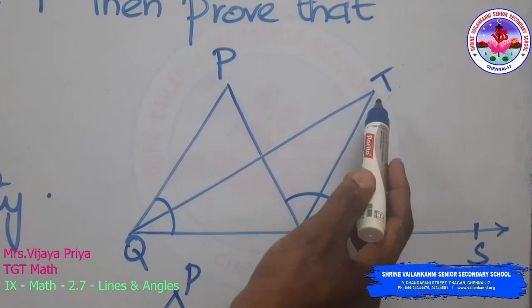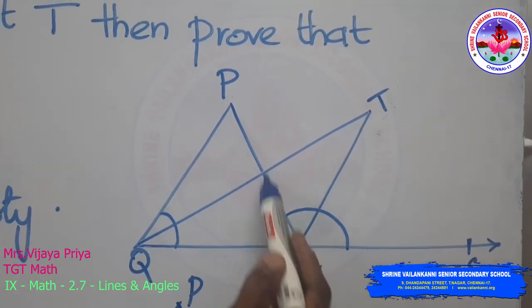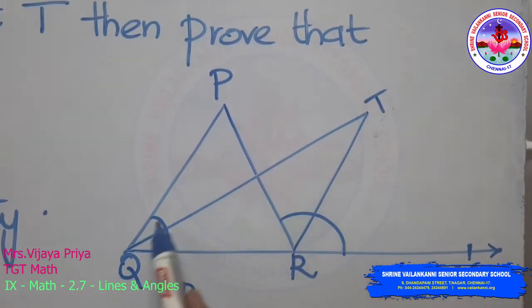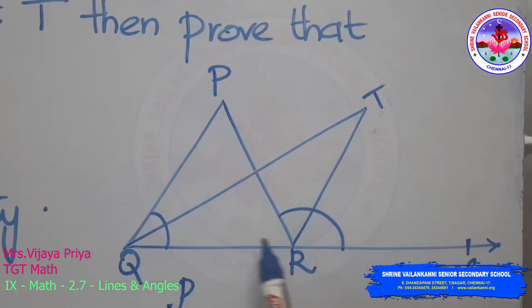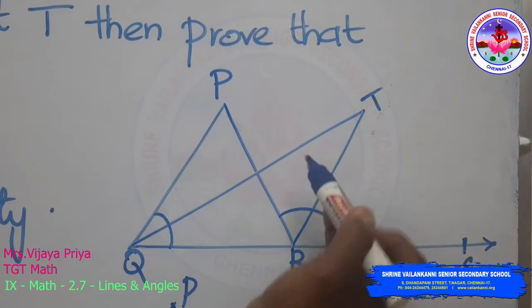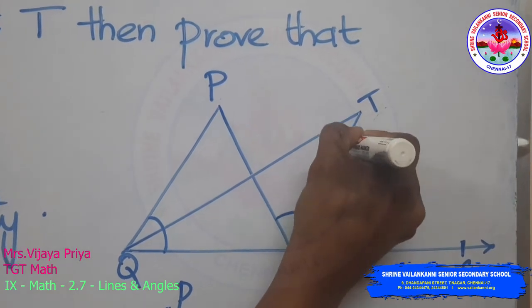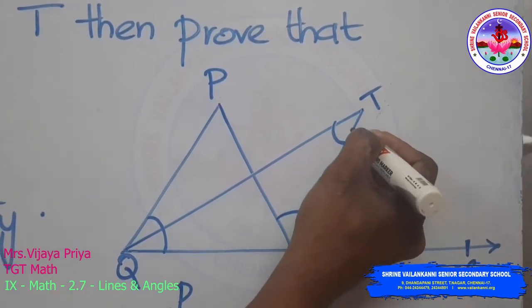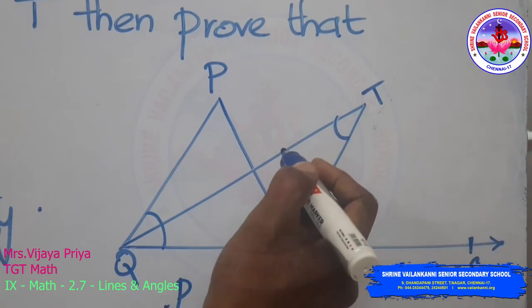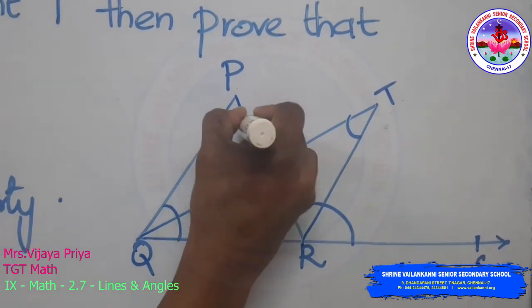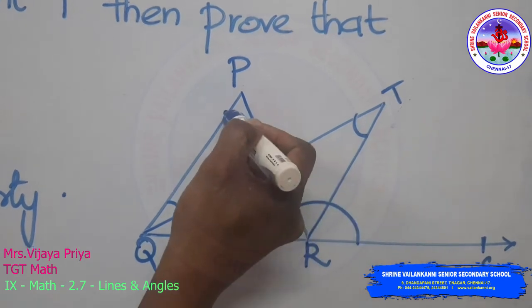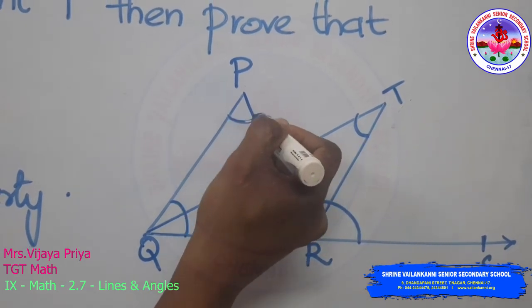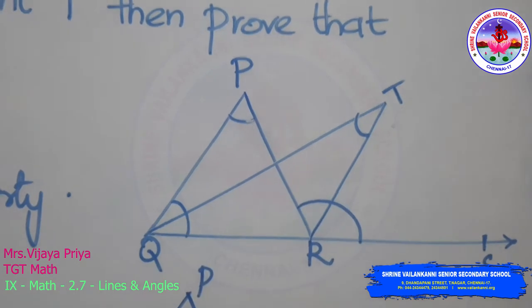This TR is a bisector for PRS and QT is a bisector for PQR. We need to find out that angle QTR will be equivalent to half of angle QPR.